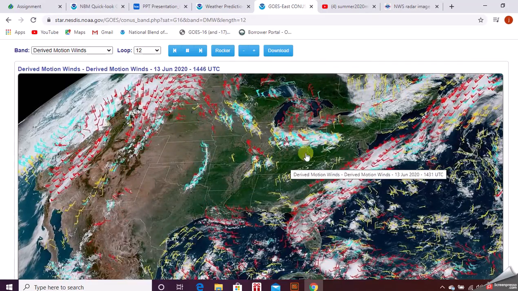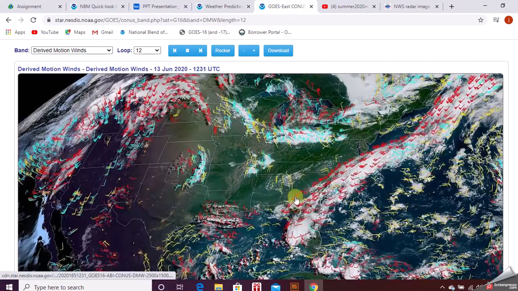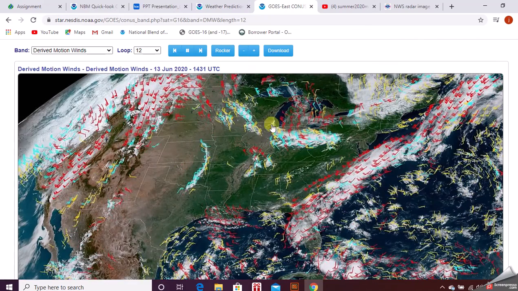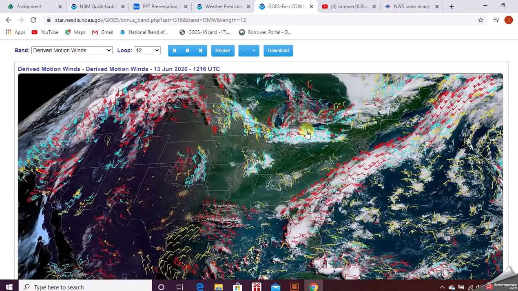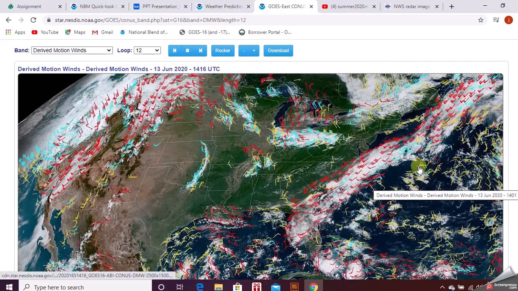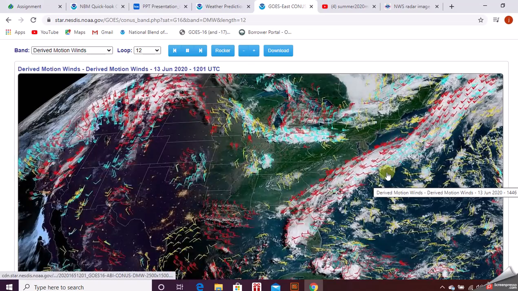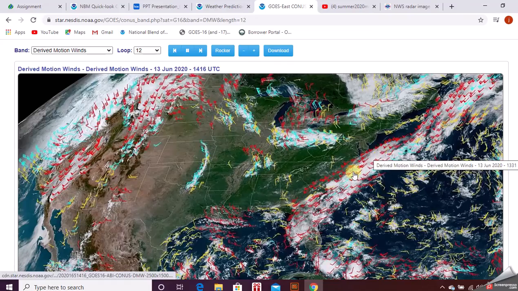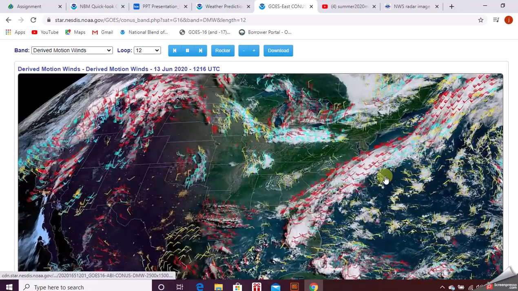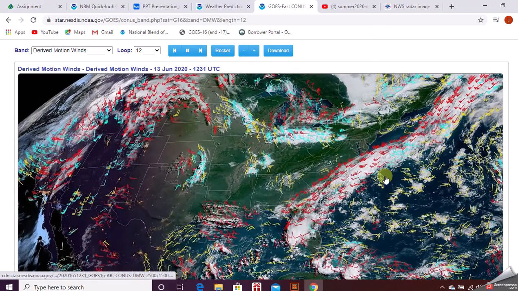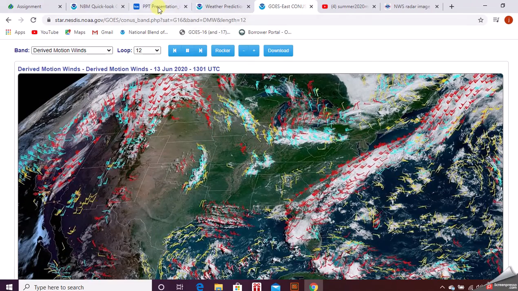So you can actually pick on clouds, try to see where they go. And with that, you can see all kinds of different wind directions that are circulating around here. You see out in the waters right now, there's a lot of lower winds that are coming out of the east and southeast. High winds are coming out of the southwest.